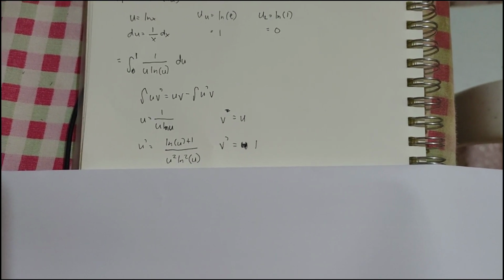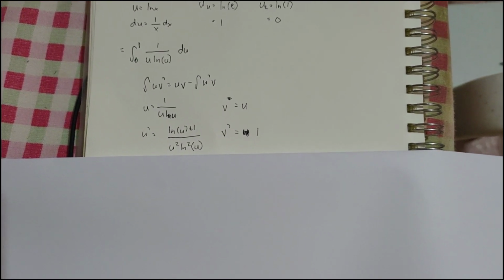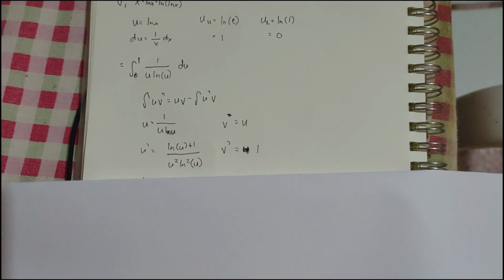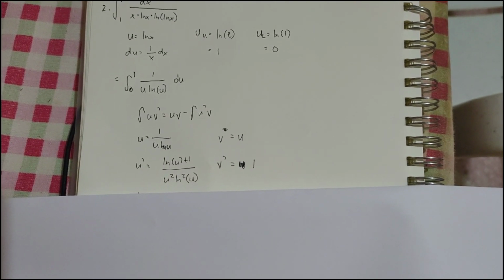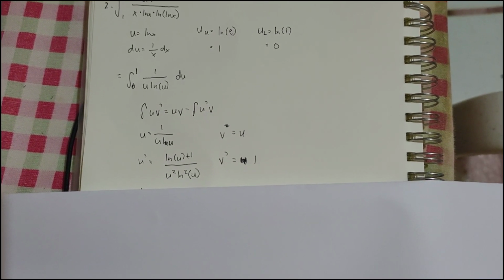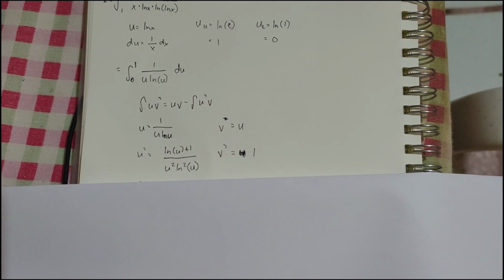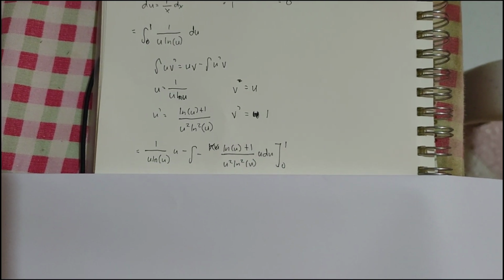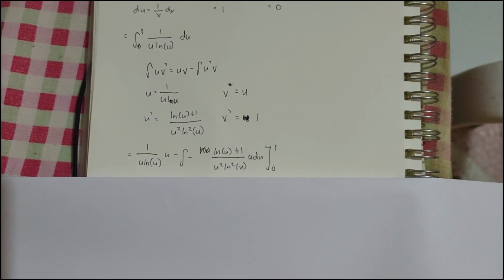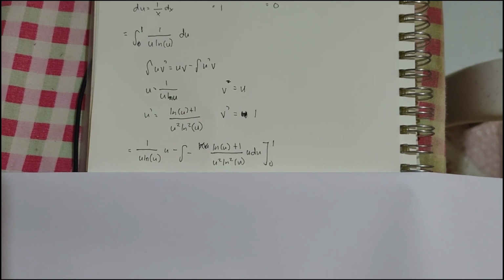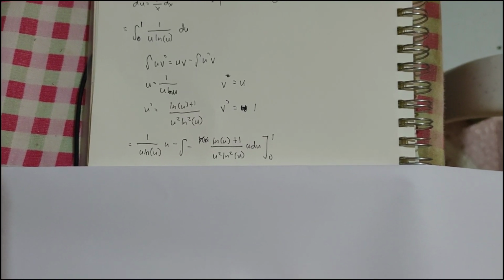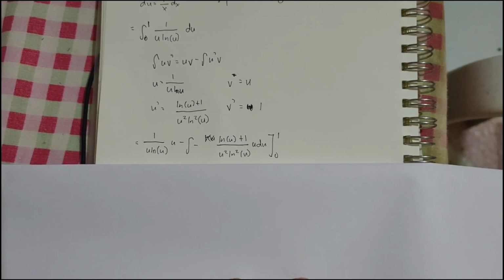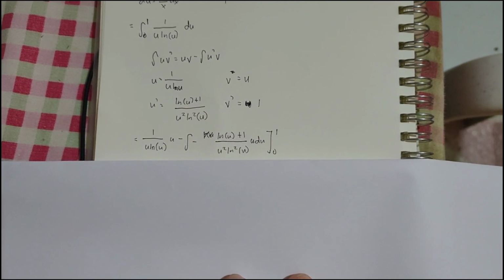Our v here is u, and our v prime is 1. And then we will follow the formula, which is uv minus the integral of u prime v. We'll just simply copy, which is 1 all over u ln u minus the integral of ln u plus 1 all over u squared ln squared u du, limits from 1 to 0.